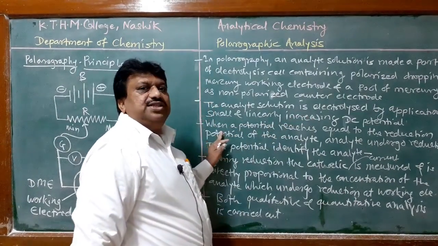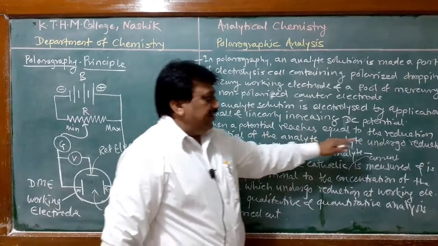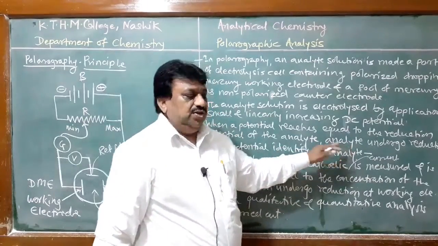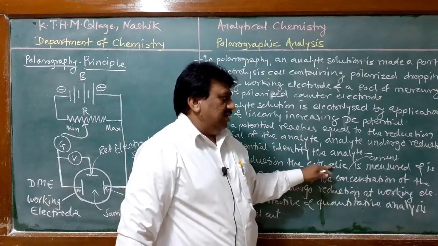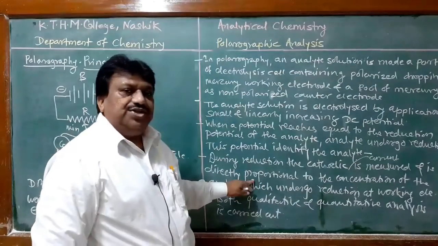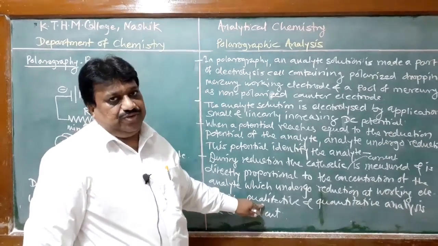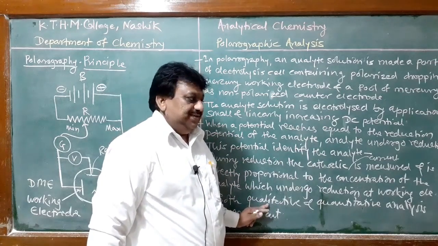When the potential reaches equal to the reduction potential of the analyte, the analyte undergoes reduction and this potential identifies the analyte. During the electrolysis process, the cathodic current is measured and is directly proportional to the concentration of the analyte which undergoes reduction at the dropping mercury electrode. This is the basic principle of polarographic analysis.